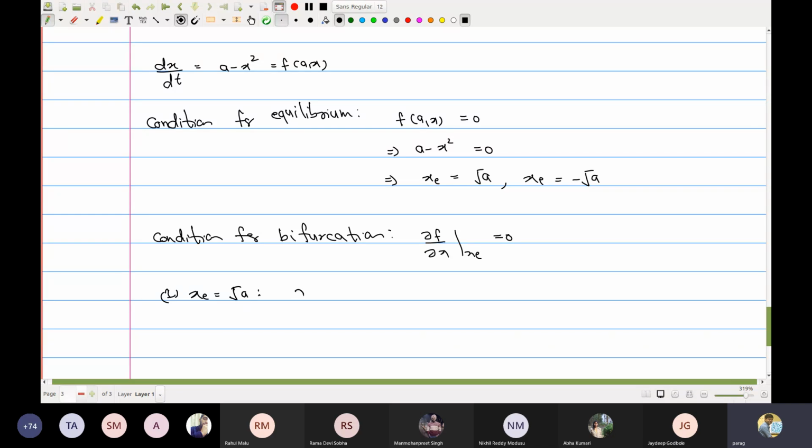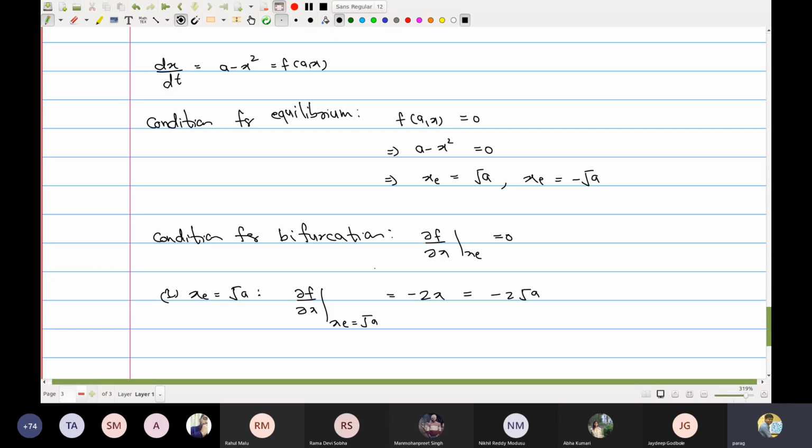Del f by del x at xe equal to root a is minus 2x, which is equal to minus 2 root a.